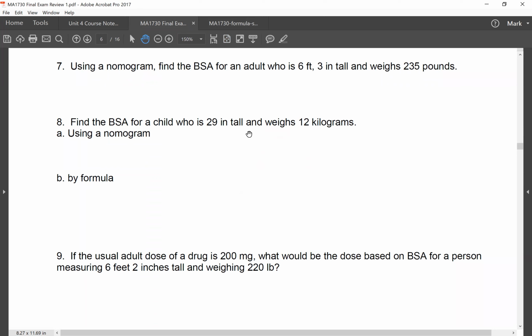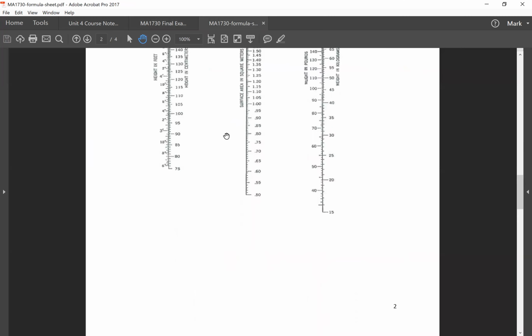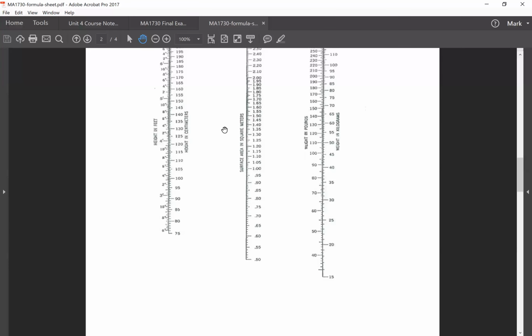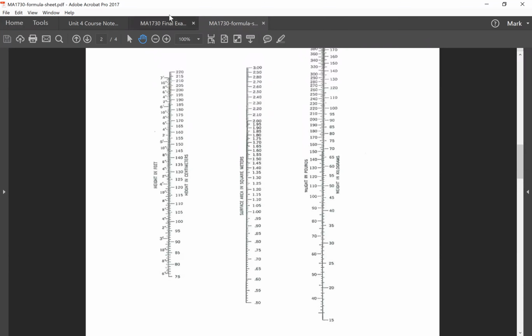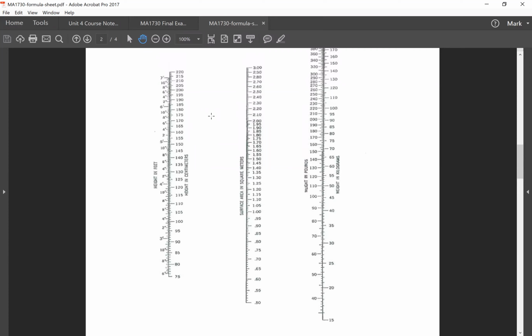This says, using a nomogram, find the BSA for an adult who is 6 feet 3 inches tall and weighs 235 pounds. Now, 6'3", this is the child, so I'm going to go up to the adult. I have to read that again. What was it? 6'3", 235.